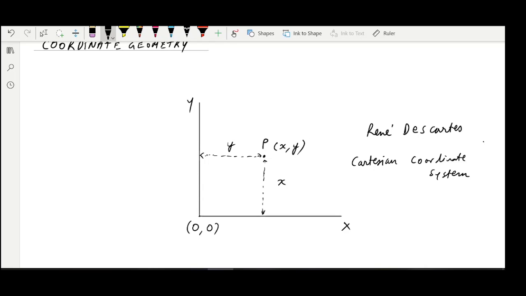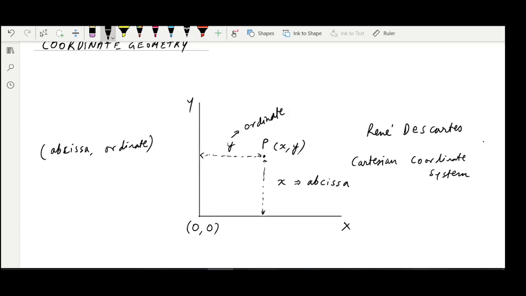This distance x is known as the abscissa, and the distance y is known as the ordinate. So any point is given by abscissa and ordinate. These two represent the coordinates of a point.